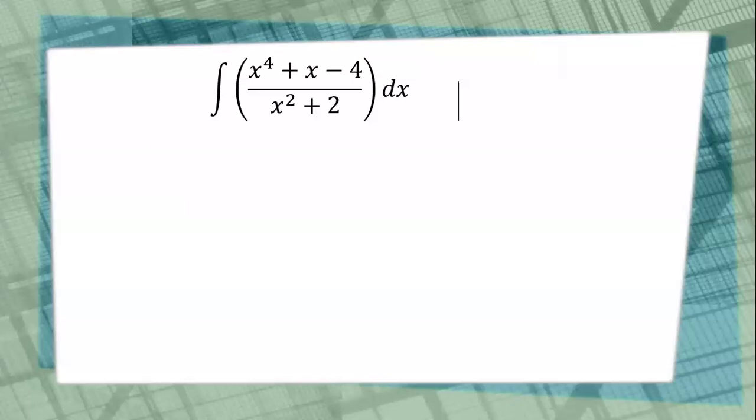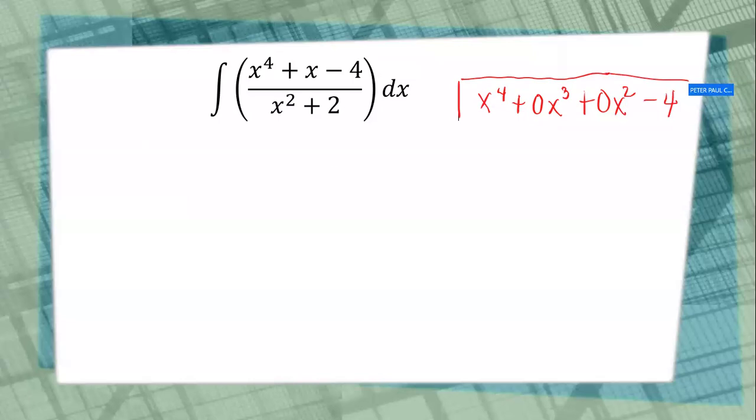Integral of x to the fourth plus x minus 4 over x squared plus 2 dx. So we can divide x to the fourth, and since we have a missing 0x cubed, then we have a 0x squared minus 4.